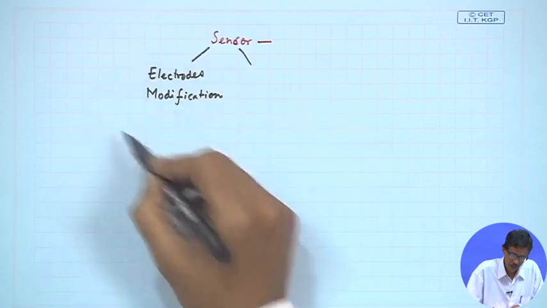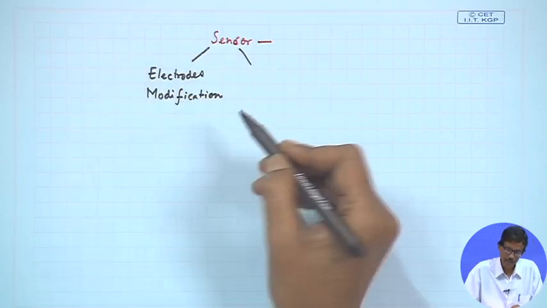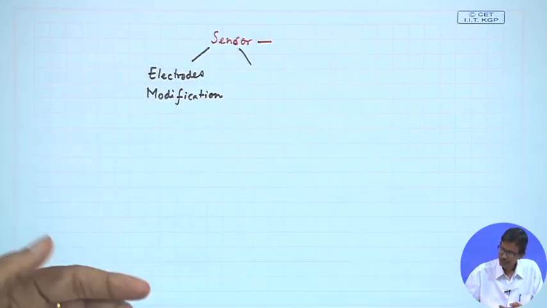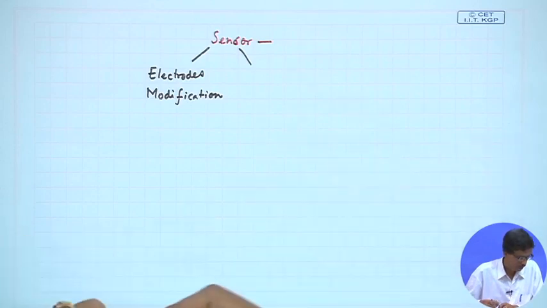That means some modification, covering, and other activities that you can do on the electrode surface.